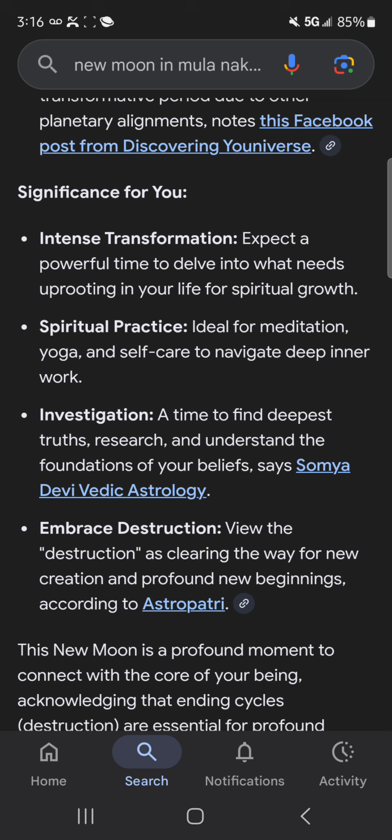We're going to be expecting a powerful time, uprooting in our life for spiritual growth. It's a time to find deepest truths. We've got to research for ourselves and not just go with whatever the lemmings are saying.